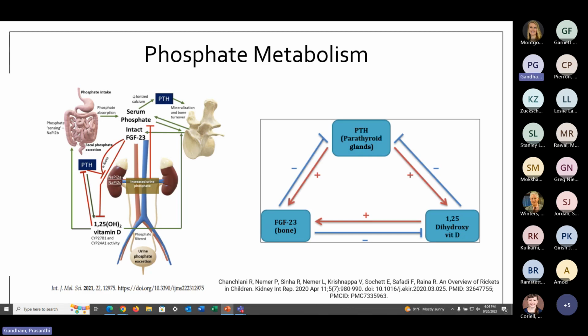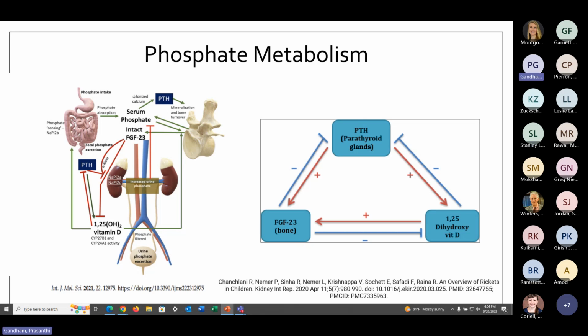The regulation of phosphorus by endocrine and paracrine factors is regulated by both intracellular and extracellular phosphate. The principal hormones that are regulating renal phosphate handling are parathyroid hormone, which is, of course, produced by the parathyroid gland, and FGF23, or fibroblast growth factor 23, which is produced in the bones by osteocytes and osteoblasts.